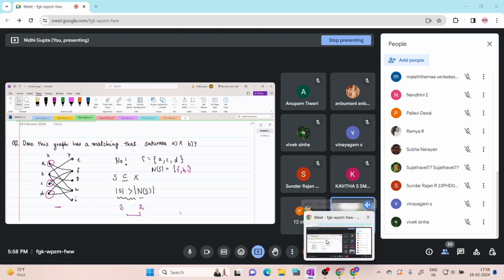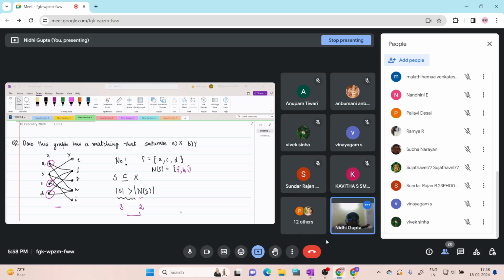So is it clear to everyone why this graph has no perfect matching, that is, a matching which is saturating X? Yes. But without finding the set, it is visible also, as I said, X is 4 and Y is 5. For Y it is clear without giving the set that Y has 5 vertices but X has 4.